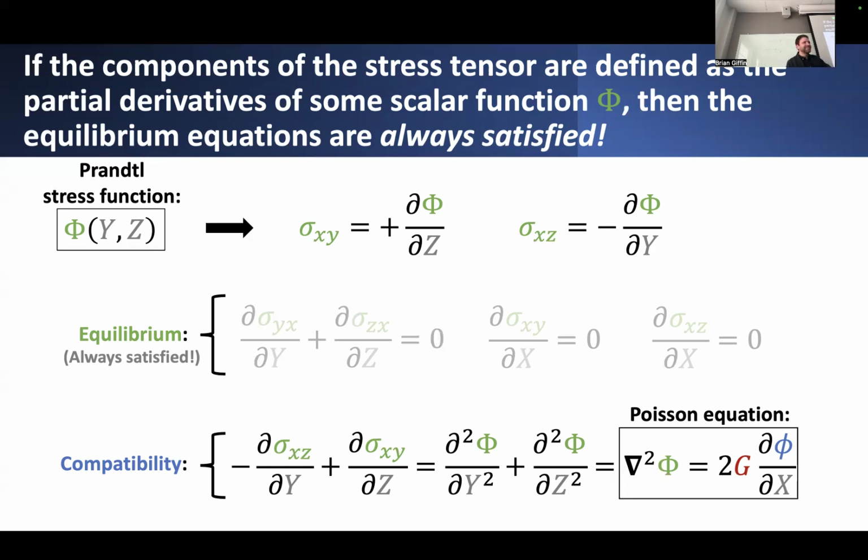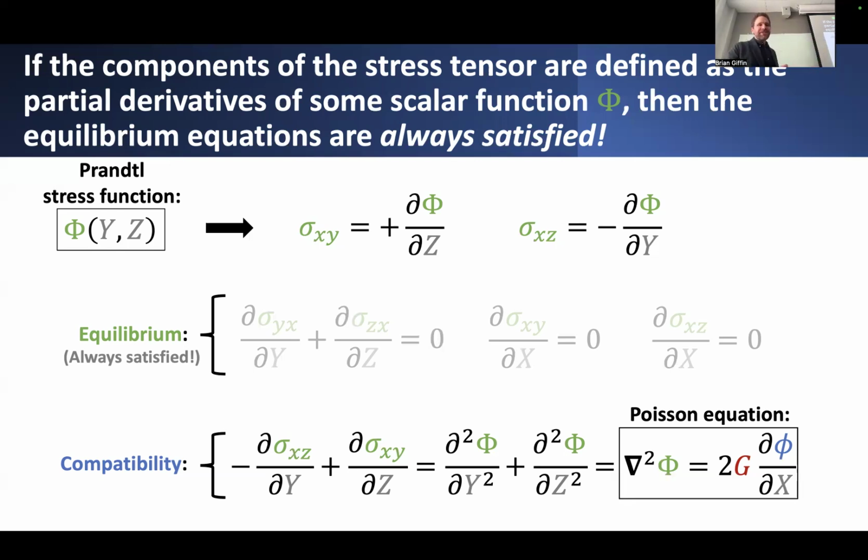And if I've already expressed it in terms of my stress components, I can plug in how those stress components depend on this Prandtl stress function, and I can come up with a governing differential equation that is a statement of compatibility expressed in terms of this unknown Prandtl stress function. And it turns out that this governing differential equation that results from it is actually just the Poisson equation. It's a particular differential equation of second order that kind of looks like this.